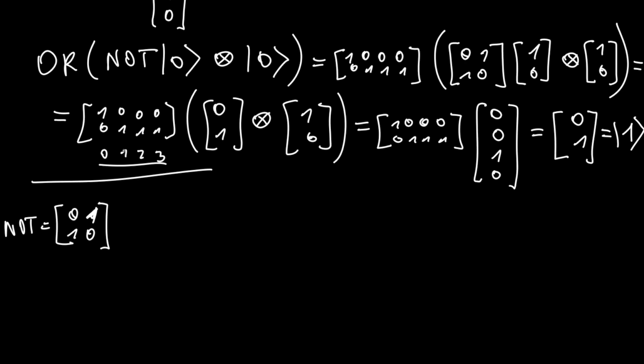And if it's an OR gate, then it's going to be 0 for 00, then 1 for 01, 1 for 10, 1 for 11. So you can just go through all the columns and write them in order.